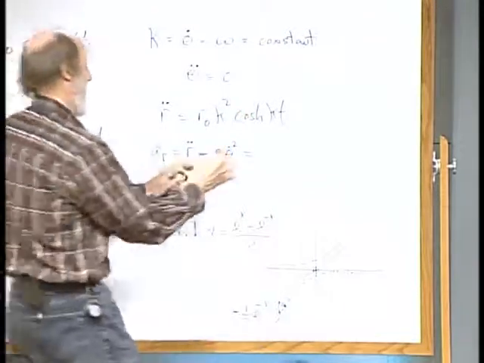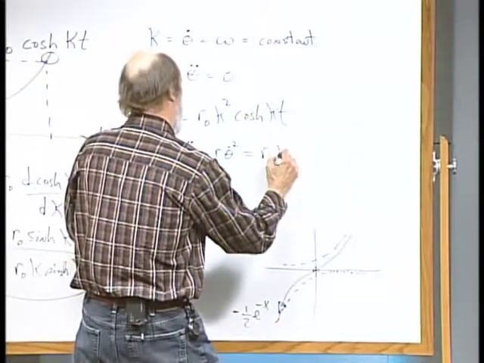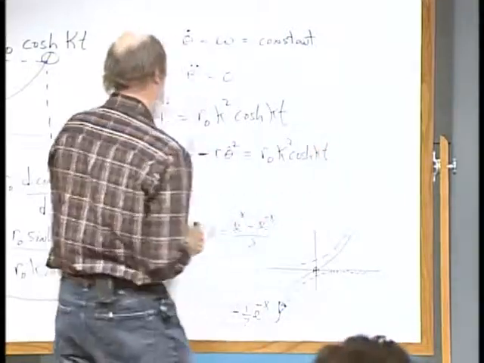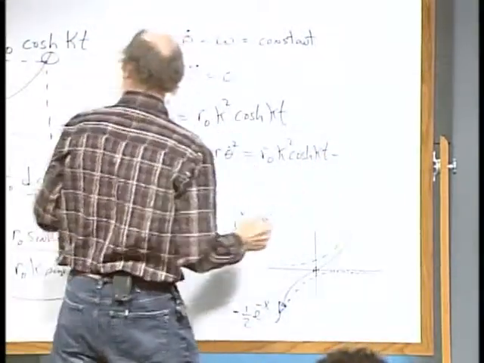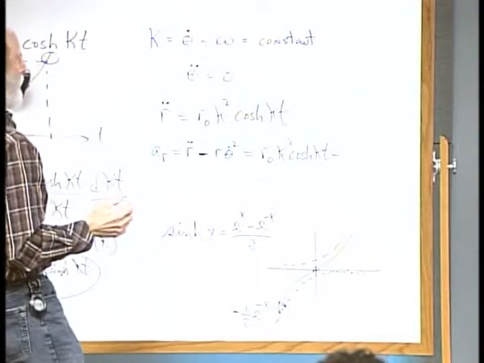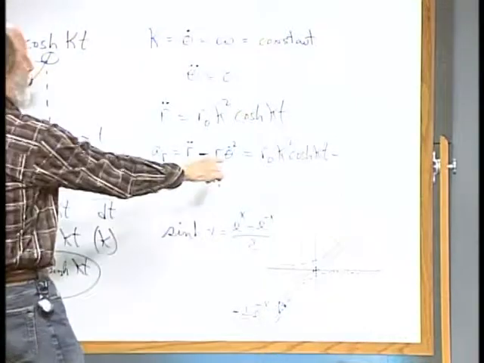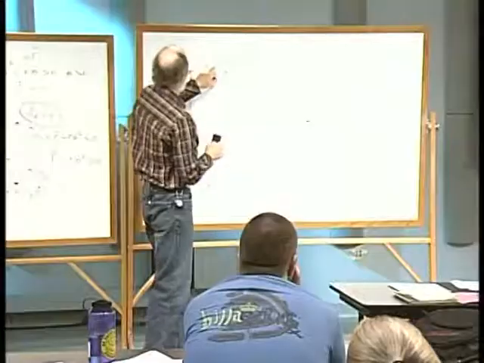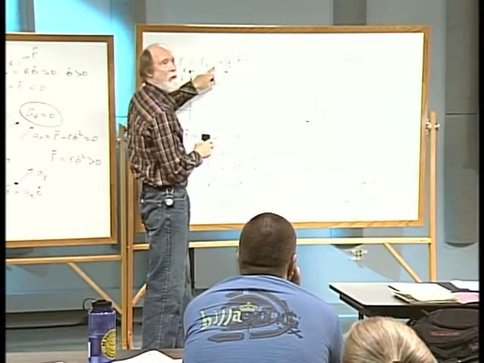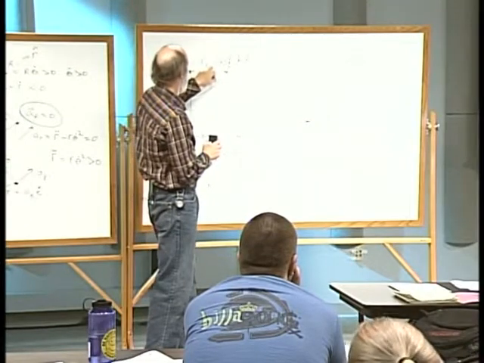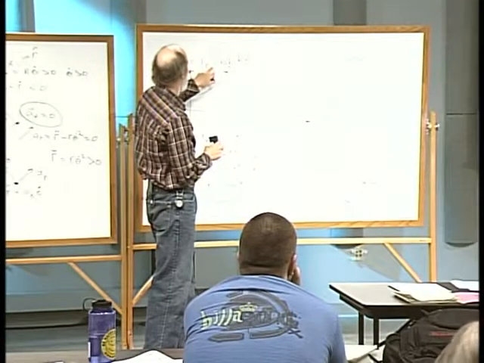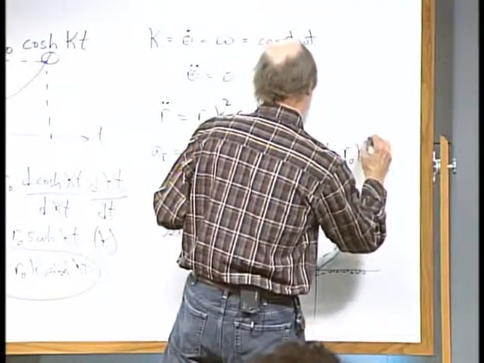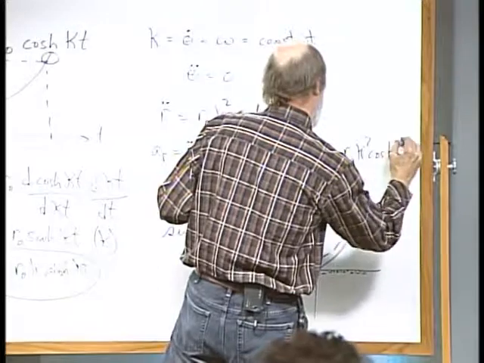So for the R double dot, we have our R naught kappa squared cosh kappa t. Take away from it the original R times our kappa squared, right? Original R here times our kappa squared. So we're going to have R naught kappa squared cosh of kappa t minus R naught kappa squared cosh of kappa t.